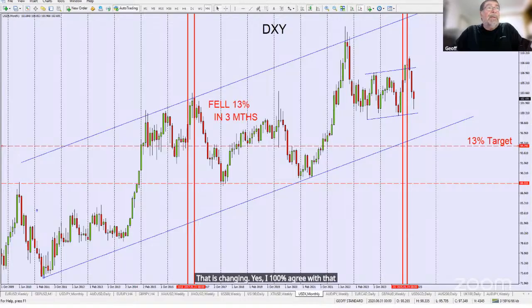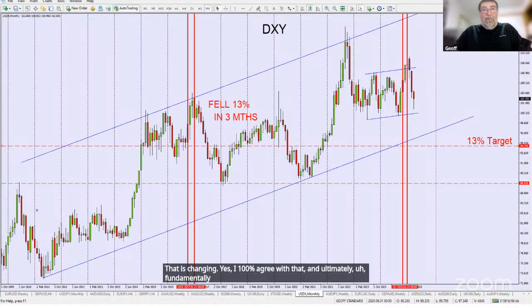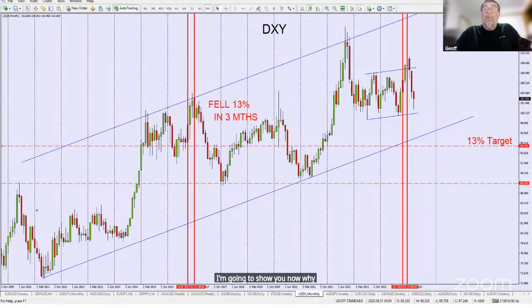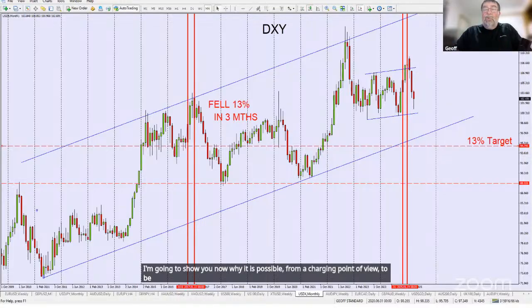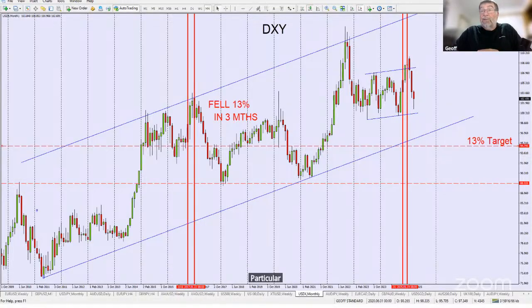And ultimately, fundamentally, it's very, very difficult to be bullish on the US dollar. However, I'm going to show you now why it is possible from a charting point of view to be, even if only in the short term, a little bit bullish on this particular asset known as the US dollar. So this was really my go-to chart as soon as Trump 2.0 became reality.